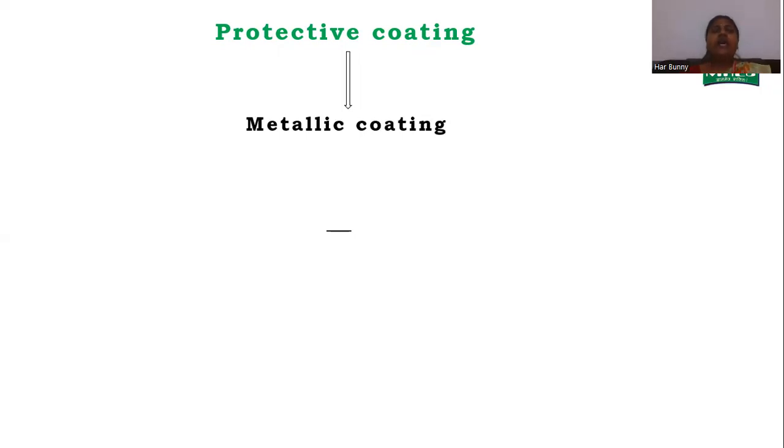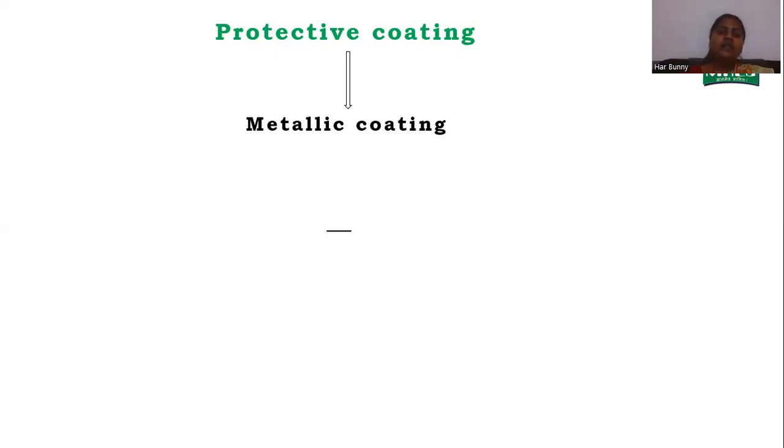Metallic coatings means we are going to protect the surface of the metal by coating it with another metal, right? So if you want to protect the iron metal from rusting, the surface of the iron metal is coated with the help of another metal.